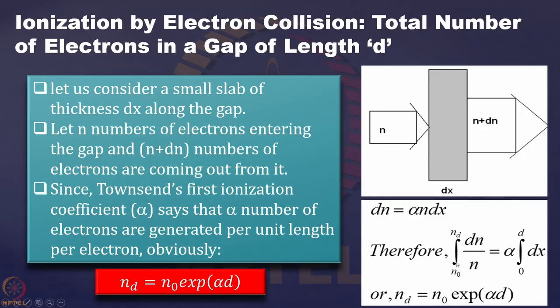The integration is very simple, you know. So nd equals n0 exponential alpha d. This gives you the total number of electrons in a gap of length d that is produced out of n0 incident electrons. So nd is equal to n0 exponential alpha d. This is a very useful expression, and we will be using it in the later derivations.